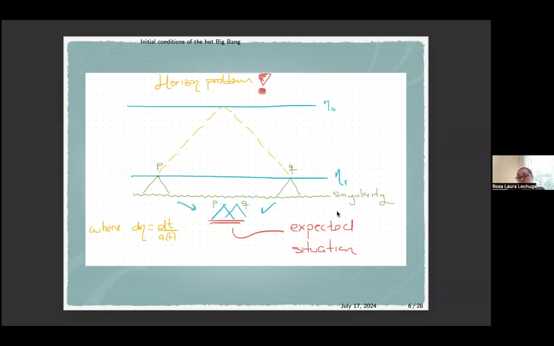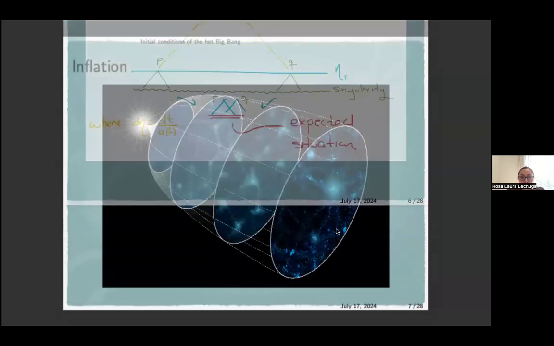They put the question on the table and tried to answer what is a good physical effect to explain this relation, and they introduced the paradigm of inflation. It's an epoch in the early universe in which the universe suffers an accelerated expansion. In that sense, we're going to proceed with this study.